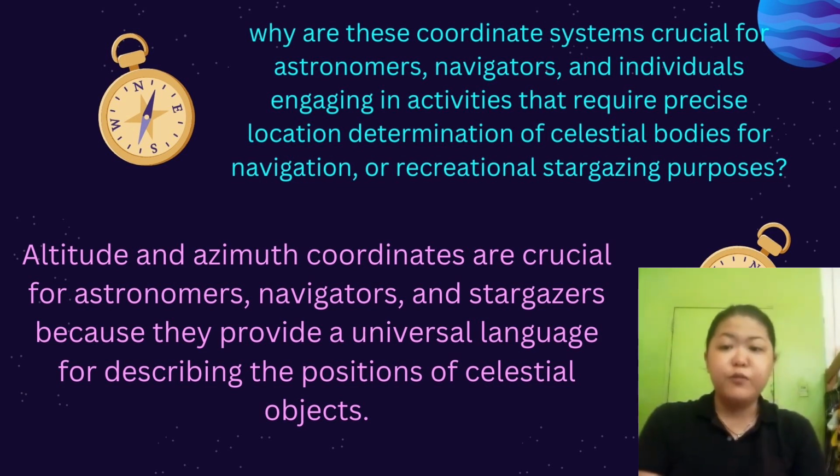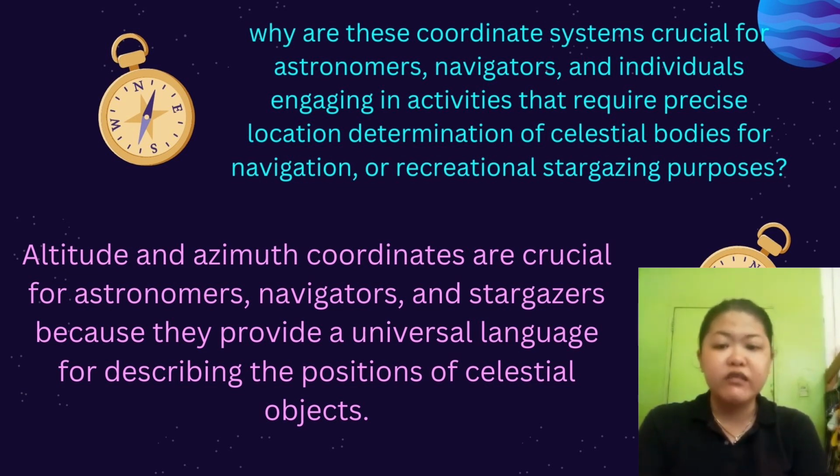So another example is a group of hikers deep in a remote wilderness area far from any cell service. So ilang GPS device nag-malfunction, leaving them with no way to know their exact location. So unsa may solution ani? So using a compass and a star chart, ma-identify nila ang recognizable star and ma-measure nila ang altitude and azimuth.